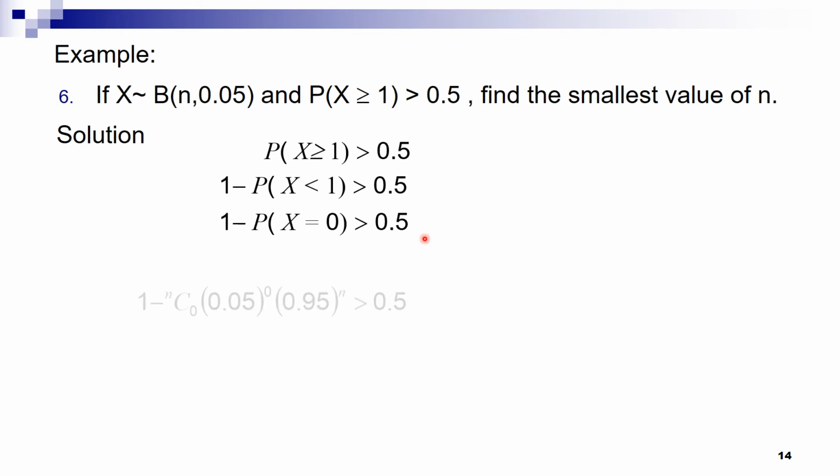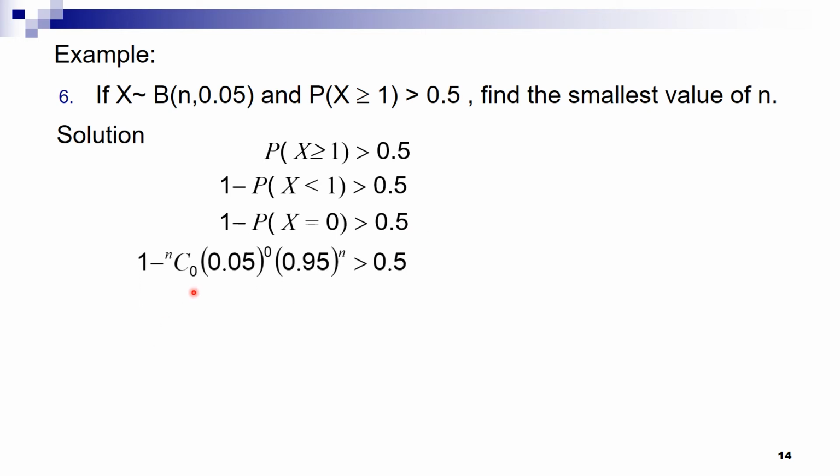Okay, substitute your r as 0. Now, nC0 is 1 here. 0.05 to the power of 0 is also 1. So you have 1 minus 0.95 to the power of n is greater than 0.5. So when you bring your 1 to the other side, it is 0.5 minus 1, we have negative 0.5.